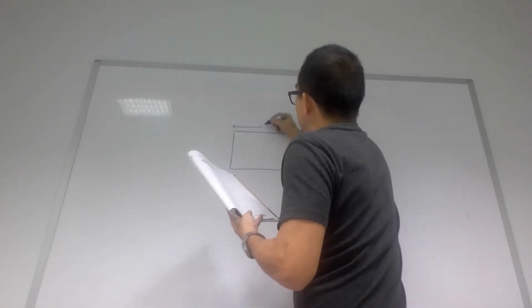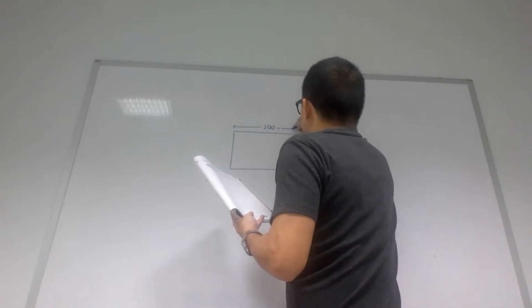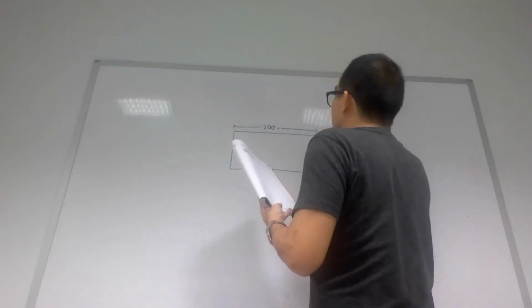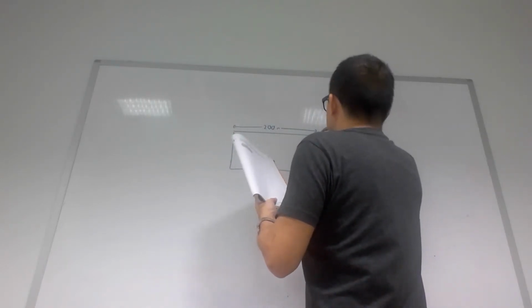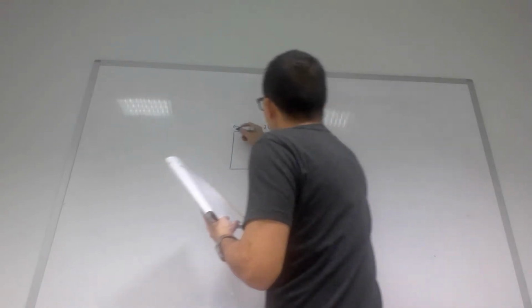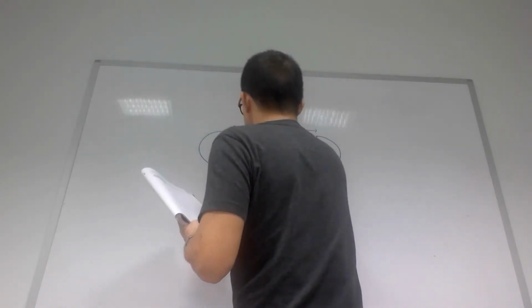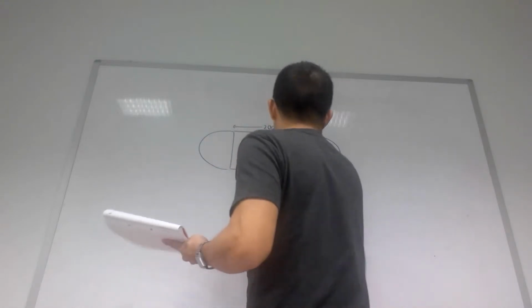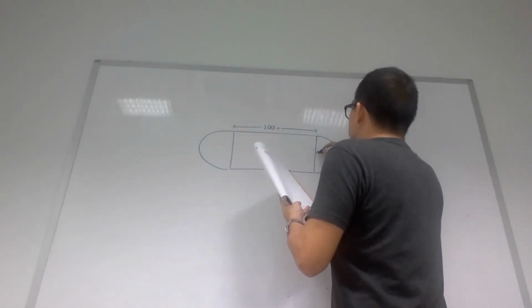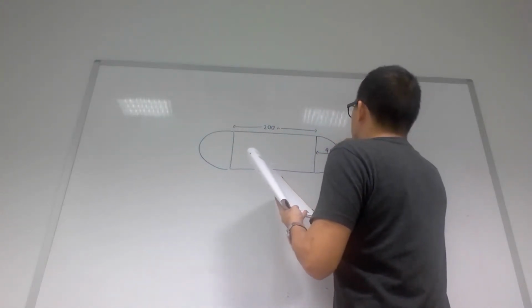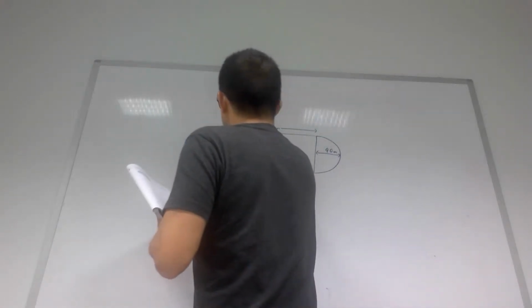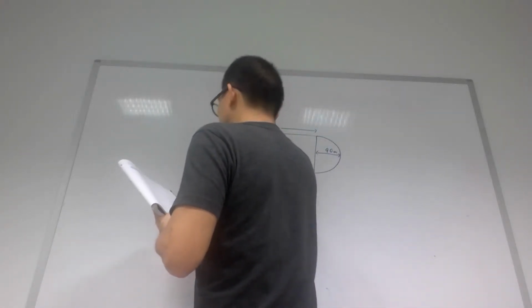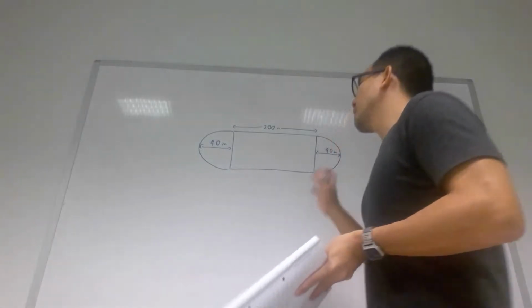The length of the field is 200 meters and the radius of each turning circle is 40. Okay, fine. 40, so this is a radius. We find the perimeter and area of the field.